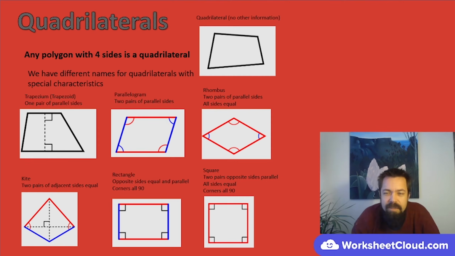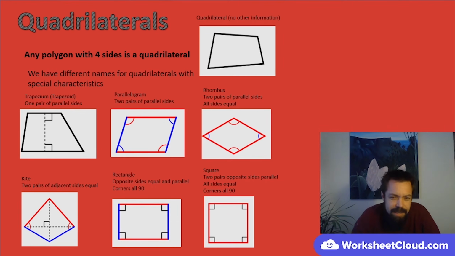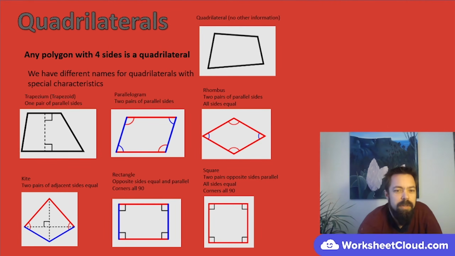And finally, we have the king of the quads, the special of the special. There's so much information about the insides and the diagonals, but that's not part of your syllabus this year. A square has two pairs of opposite sides parallel, all the sides are the same length, and all the corners are 90 degrees. So you can see, in a way, these two are related.